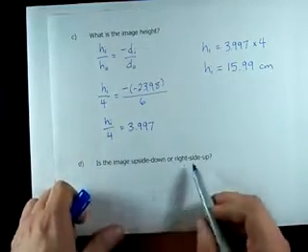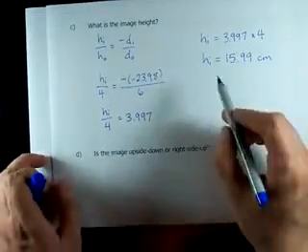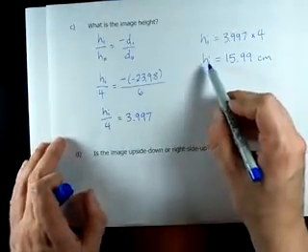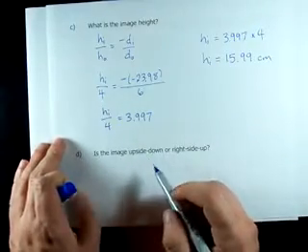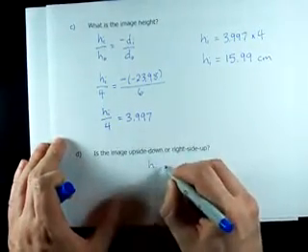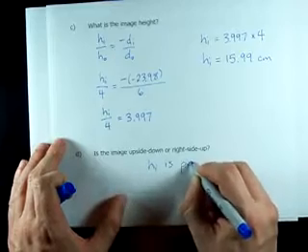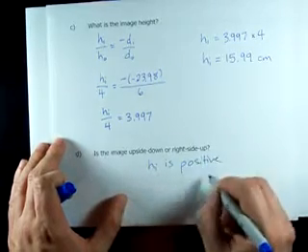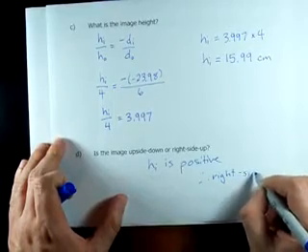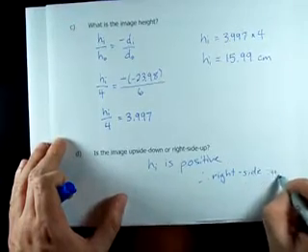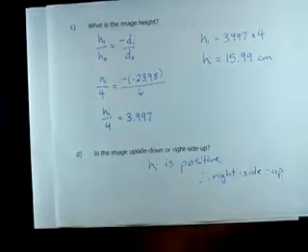Is the image upside down or right side up? If the HI, the height of the image, was negative, it would be upside down. But here, HI is positive, therefore it's right side up, not inverted. Right side up. Check.